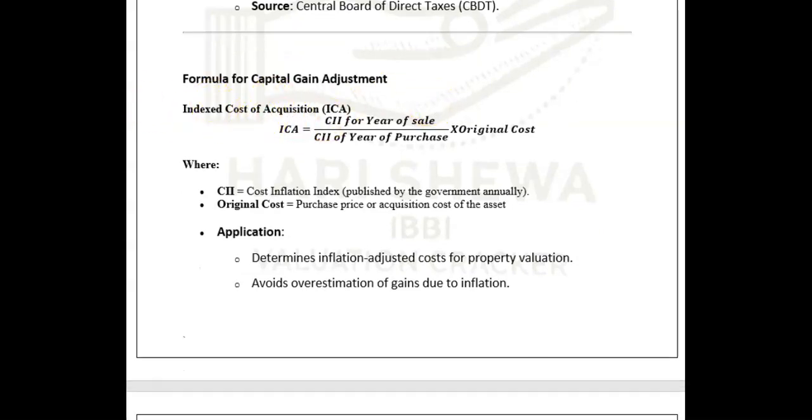Indexed cost of acquisition. First, we have to calculate the indexed cost of acquisition. I will explain how we calculated the cost of 36.25 lakhs. Same formula here: cost inflation index for the year of sale, which year you are selling, or current year, divided by the cost inflation index of the year of purchase, which year you have purchased, into original cost.